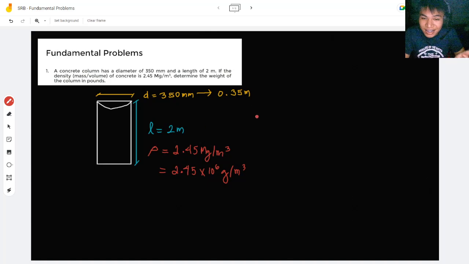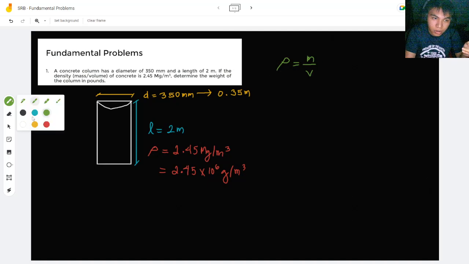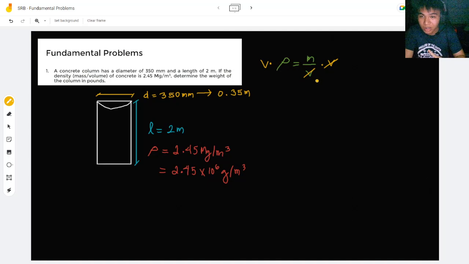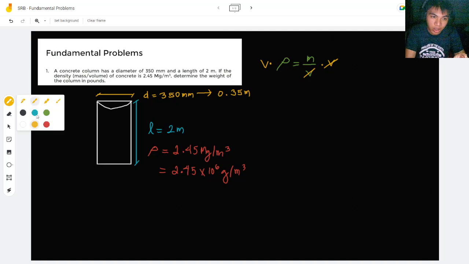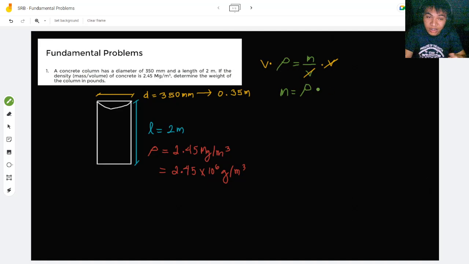We know that density is equal to mass over volume. We can solve for mass from there by multiplying both sides by the volume. We cancel both of these and we're left with the equation that mass is equal to the density times the volume.